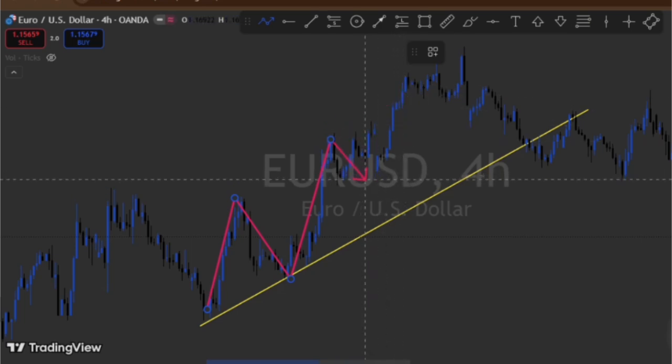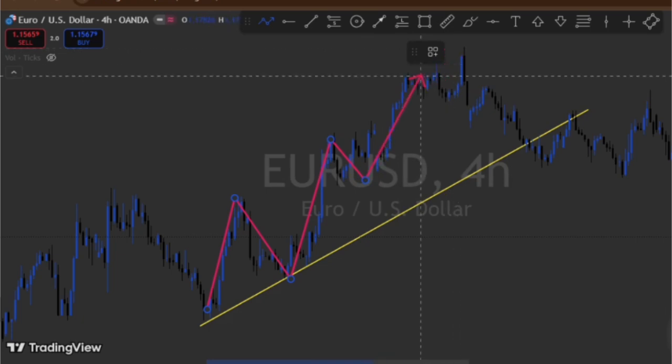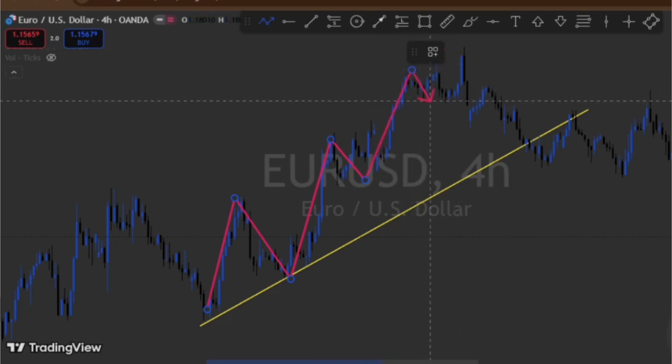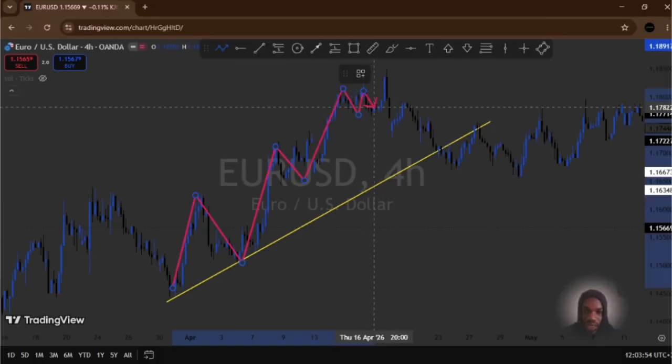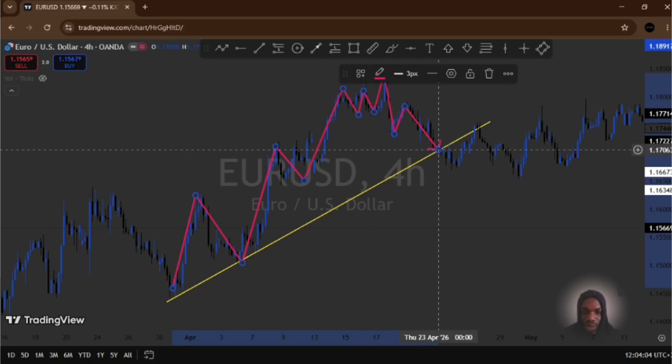So this is a higher low, this is another higher high around here. But at this point we are seeing a change of market structure occurring up here. Here we are seeing a bearish choke. But this is an uptrend market.